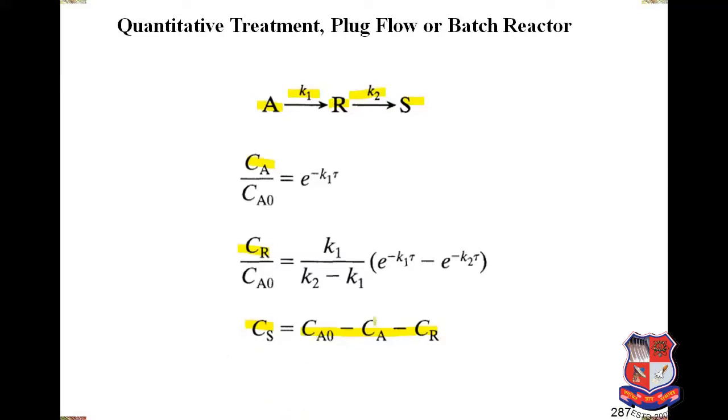So at any point of time CA plus CR plus CS is equal to CA0, provided the initial concentrations of CS and CR are 0. Fine. So that is our material balance.